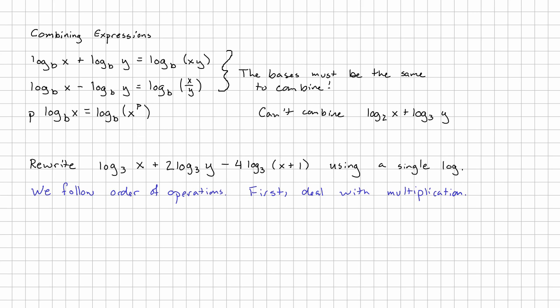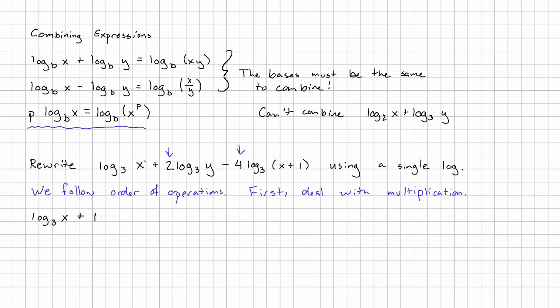So first we'll deal with the multiplication. We have multiplication outside of logs here and here. For that, we're going to use that third rule. And so we'll have, there's no multiplication in our first term, so that just stays log base 3 of x.